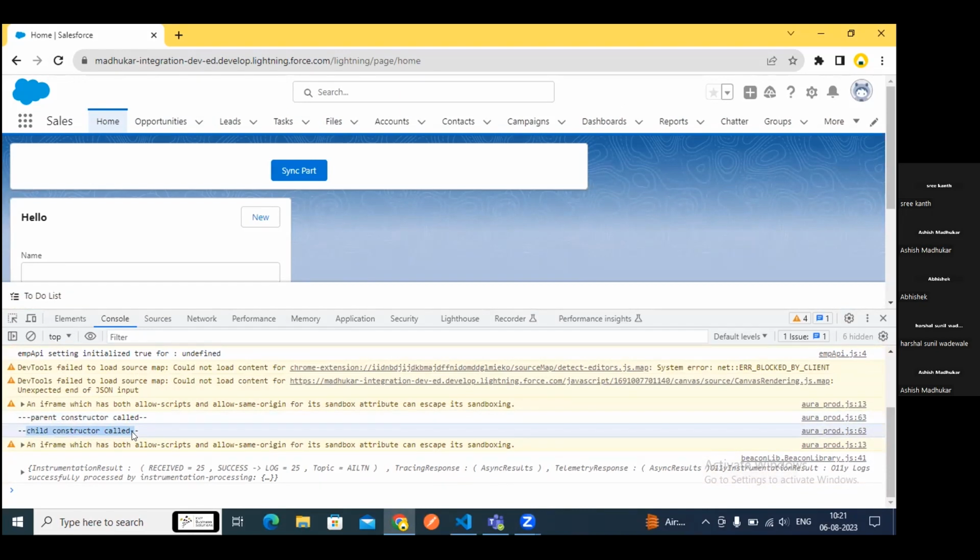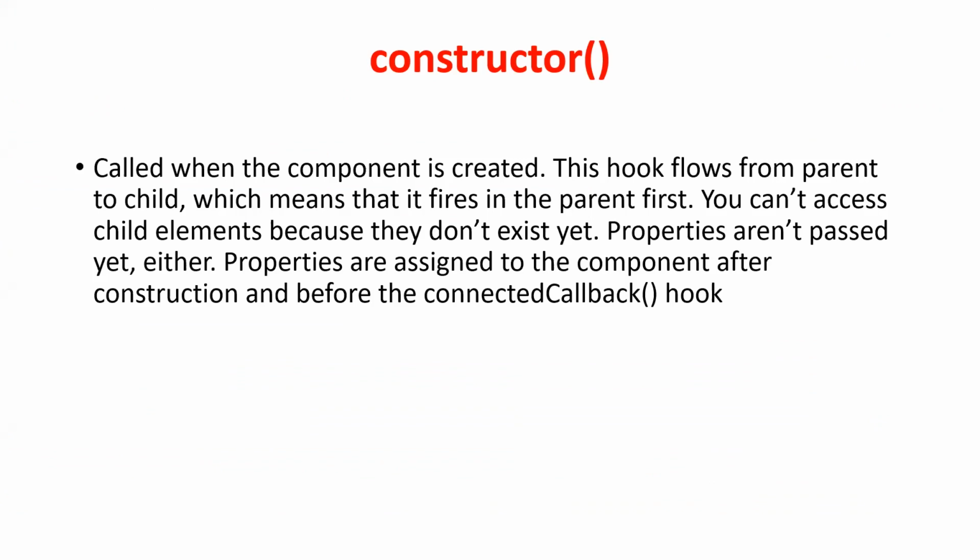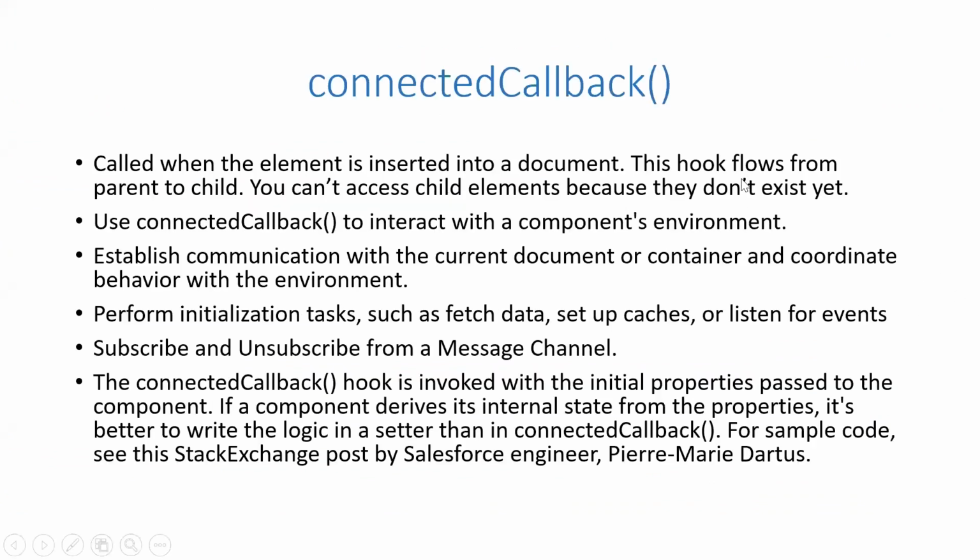Connected callback. Just one question: why are we calling super in the child? When we are calling any constructor, it calls the parent component, so that's why you use super. Without super we can't use a constructor.